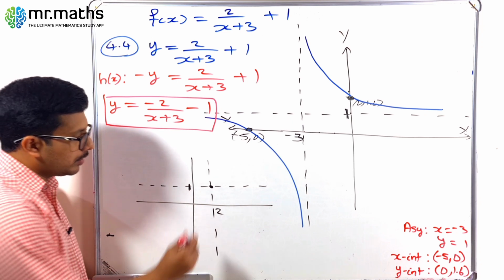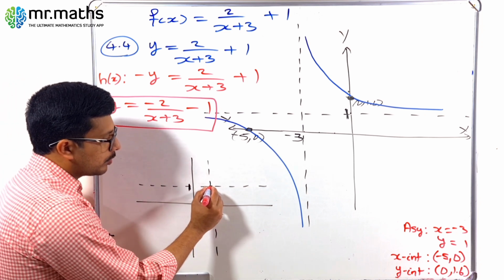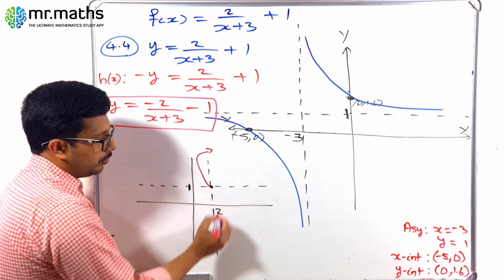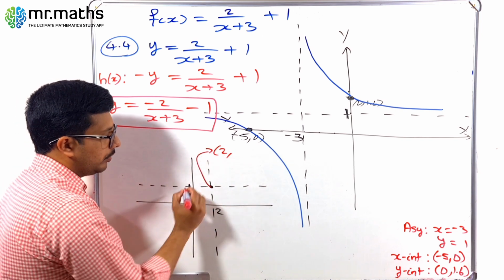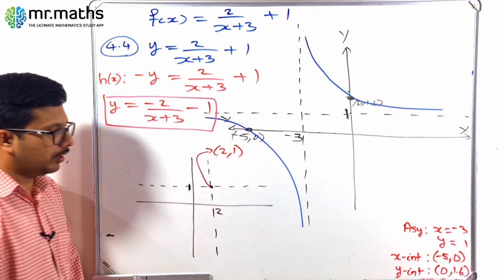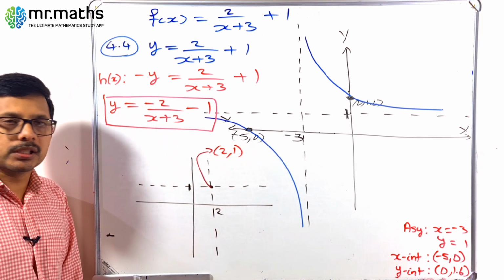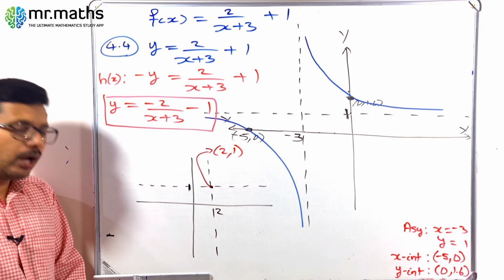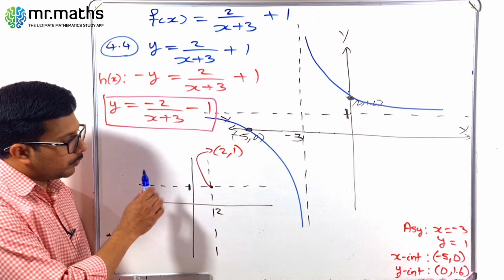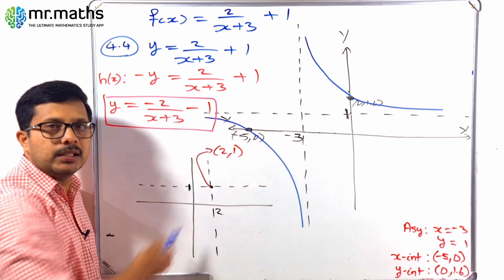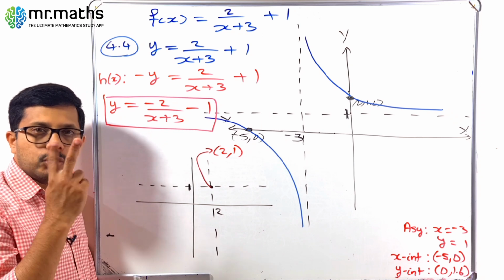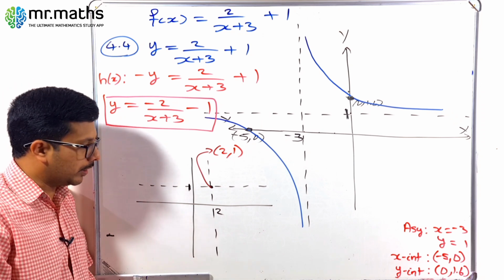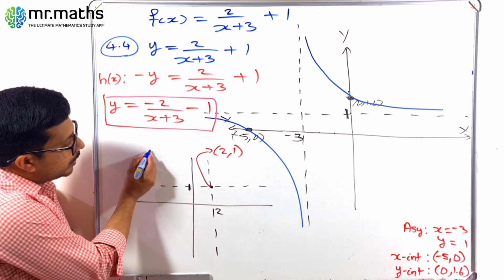That means this point is x equals 2 and y equals 1. Am I right? That point has x value 2 and y value 1. Now for a hyperbolic function like this, there are two axes of symmetry. One axis of symmetry is this one.